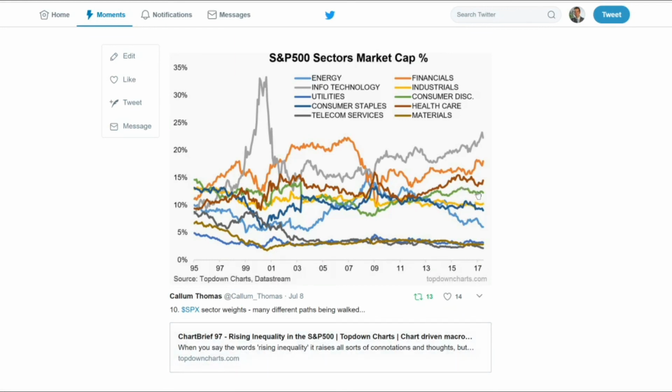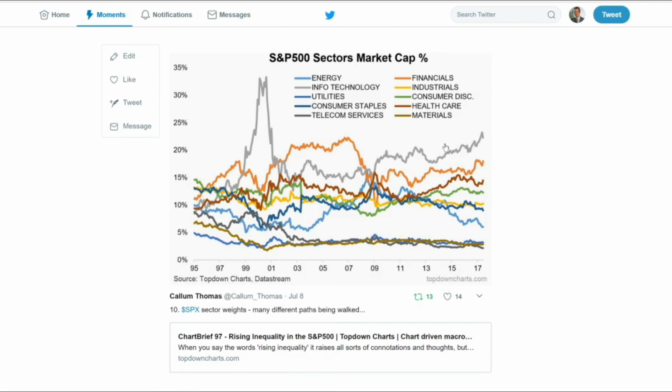It's not the type of inequality that we're usually talking about, but you look across there, it's many different stories going on. There's a few at the bottom that once had significantly greater weight, and then there's a couple at the top which are becoming what look like increasingly dominant parts of the index.